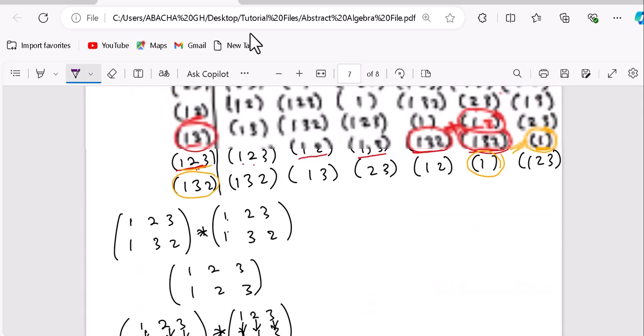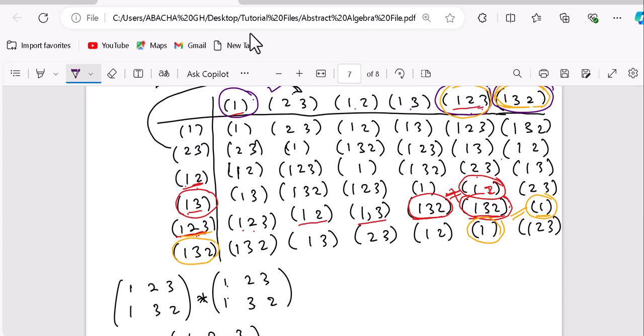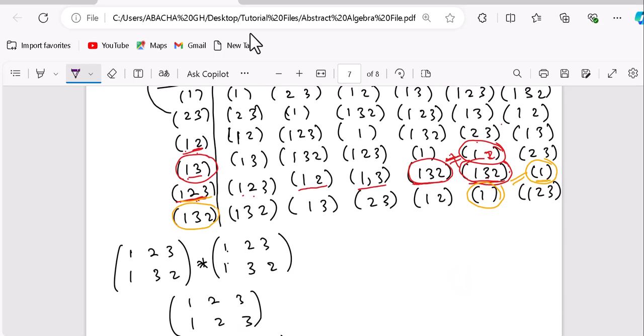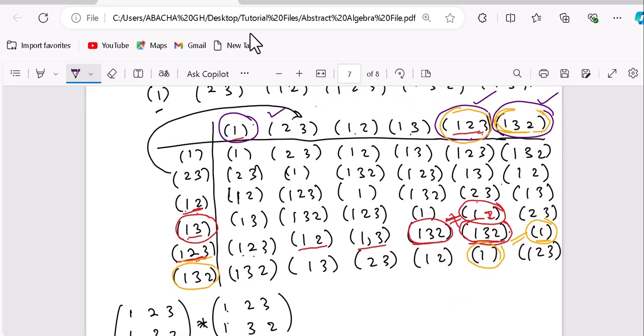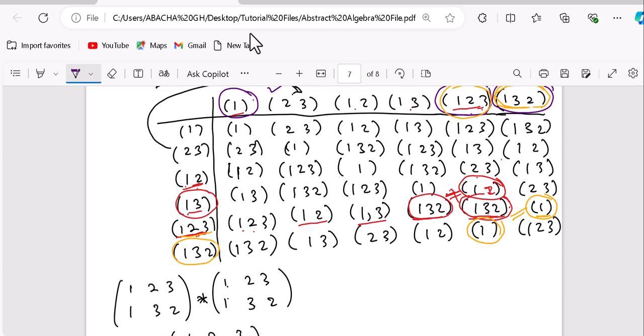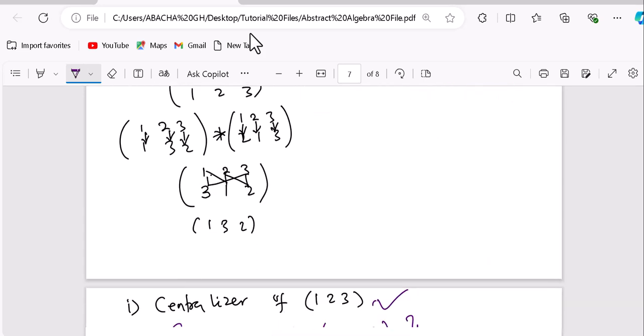Apart from that, with the permutation groups, they don't commute like that, except only a few of them. Some of the elements have centralizers, but not all of them commute with all the other elements, so it doesn't work that way. But the identity element commutes with all the elements. If you change the position, it always gives you the same answer as the original. It doesn't matter where you put the identity element, you always get the same thing.